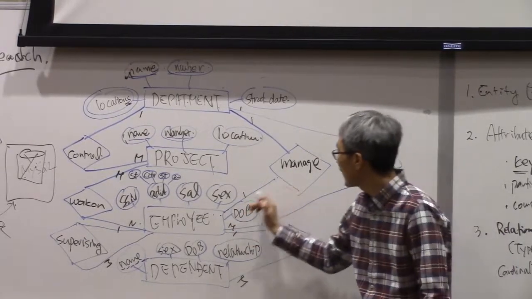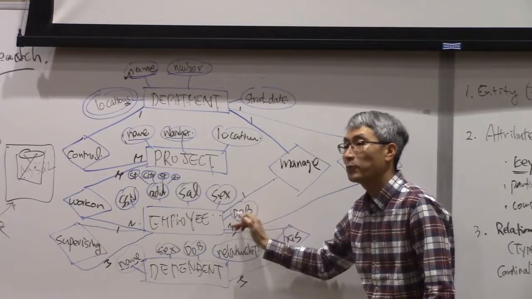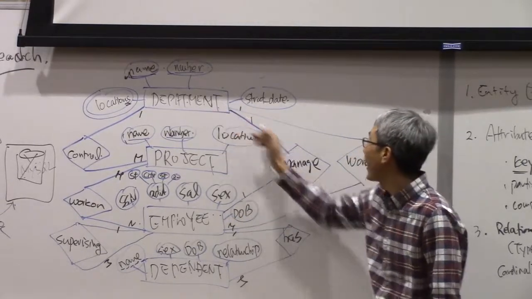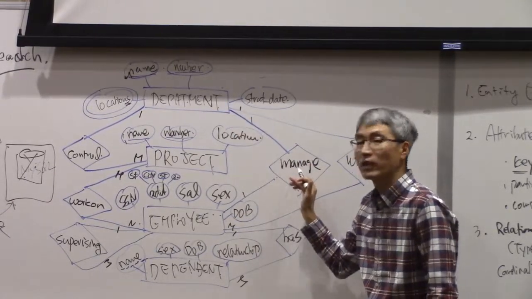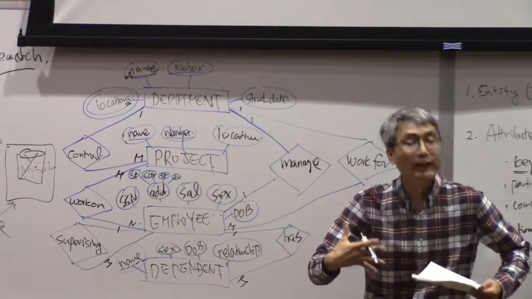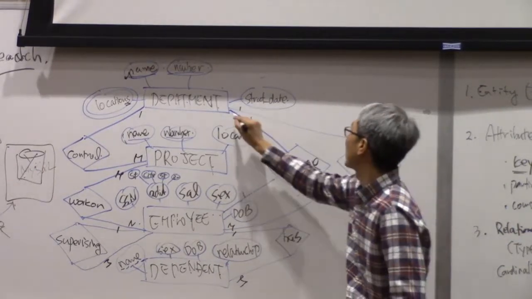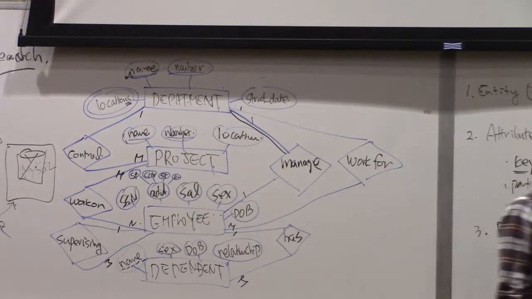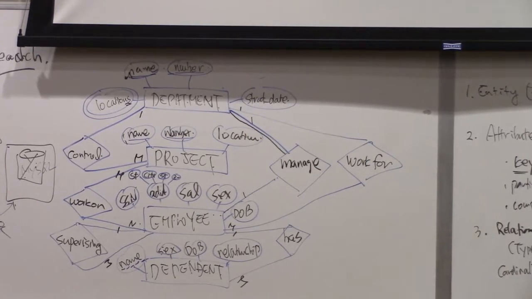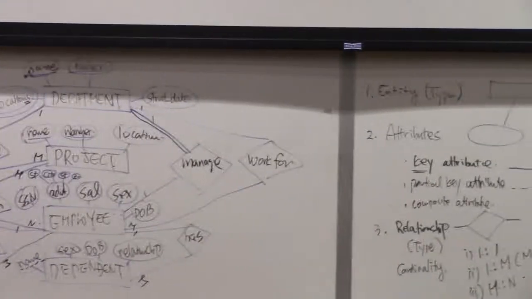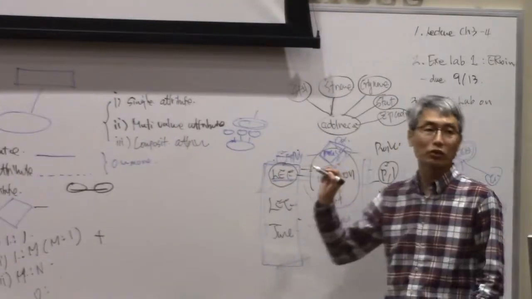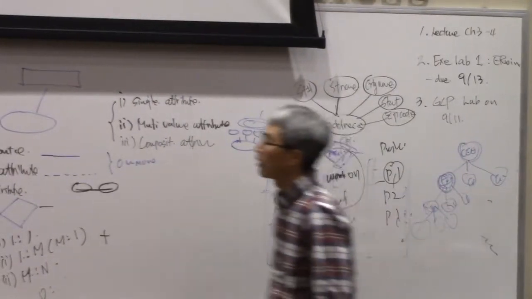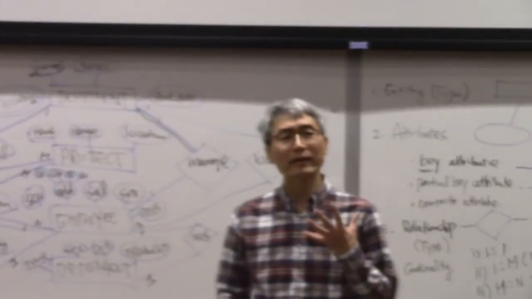So this side is optional. However, department to manage is mandatory. In case of mandatory, we can use a double line. So a double line represents mandatory participation of the relationship.